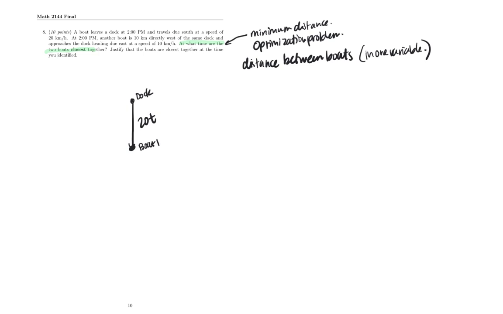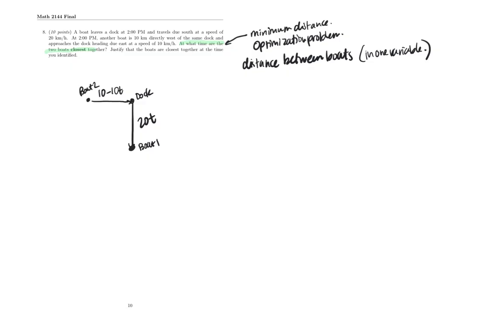And then at 2:00 p.m., another boat is 10 kilometers west of the dock. And it's moving this direction. So this is going to be 10 minus 10t. So after t hours, it has moved closer to the dock.